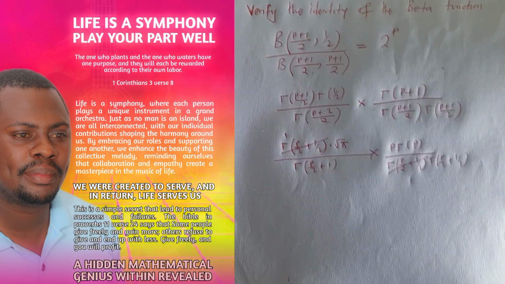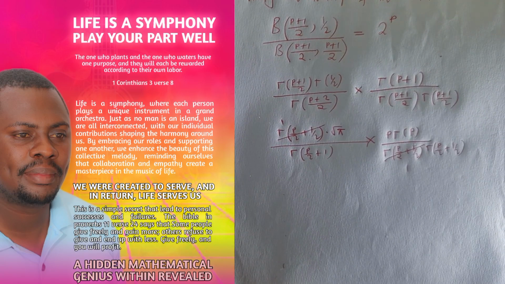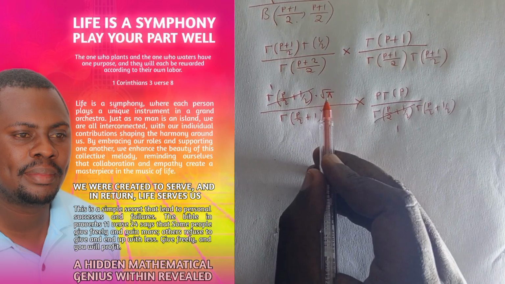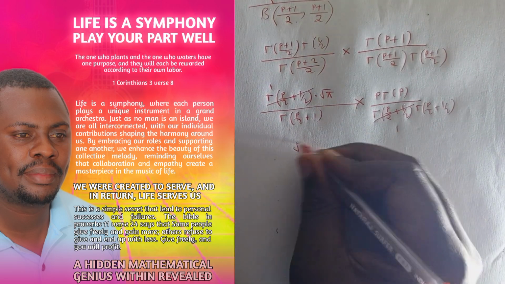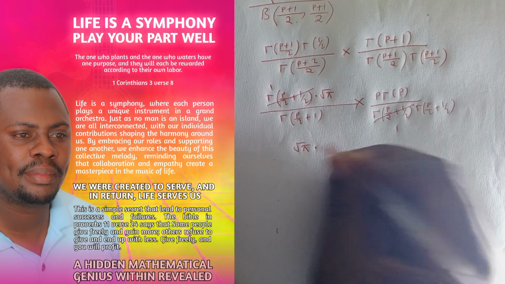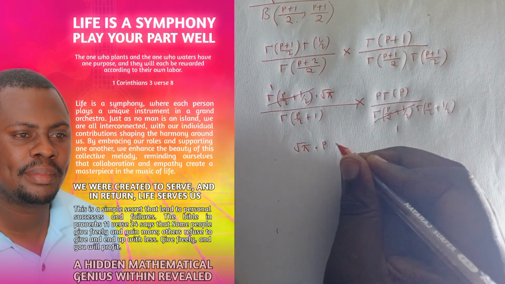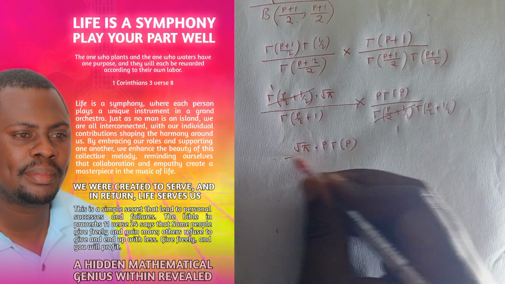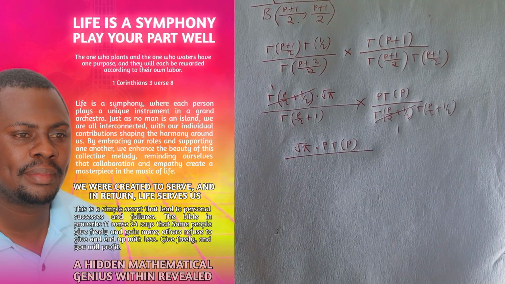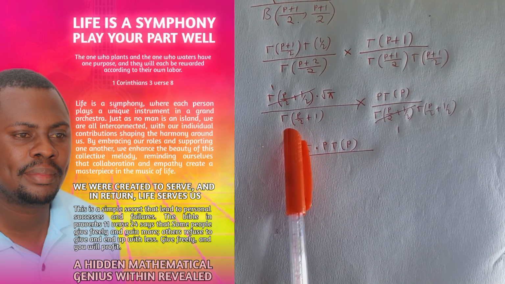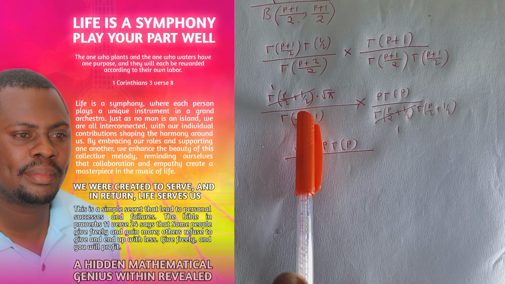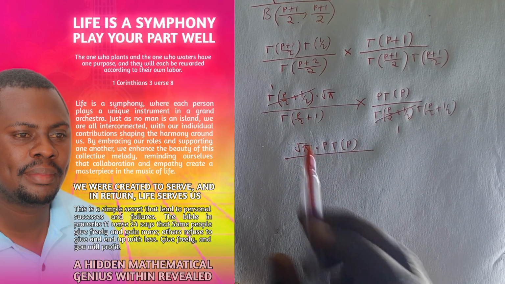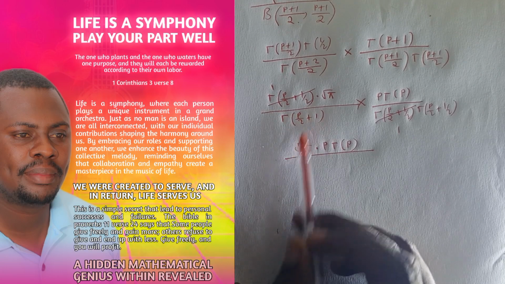Okay. Then again, let us try to simplify. So here we have square root of pi. Okay, square root of pi multiplied by p gamma of p over this one. We can simplify it. We have gamma of p over 2 plus 1. So whenever we have a plus 1, you can just simplify this.